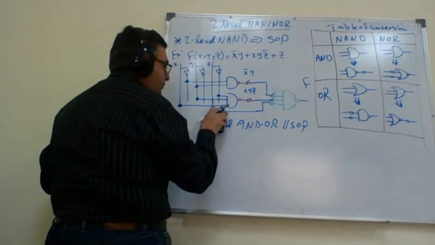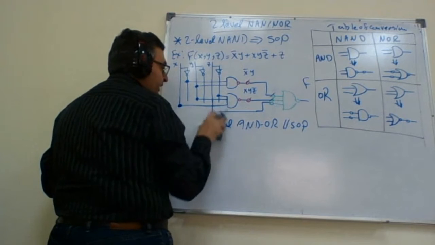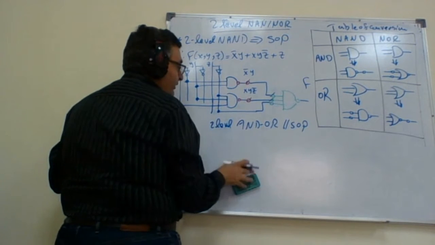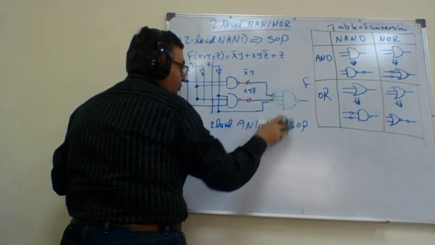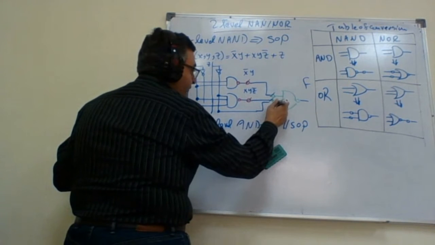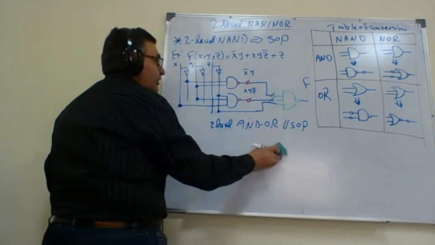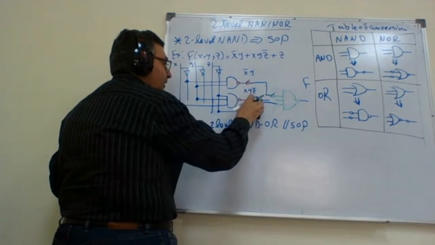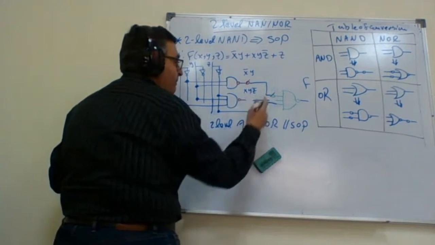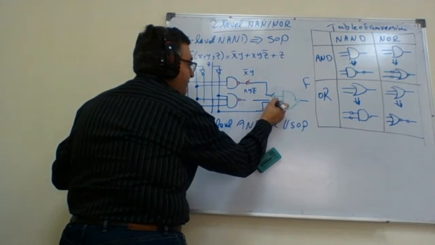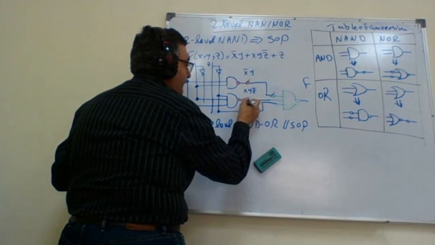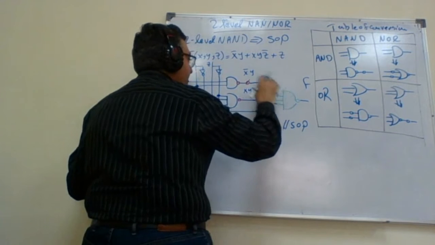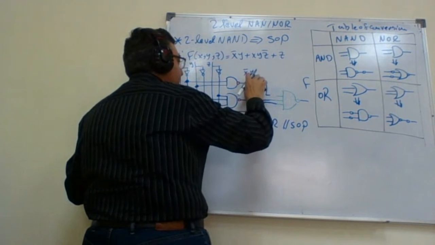So I will remove this connection and replace it with a connection to Z bar. Now I have the freedom to remove this inverter. This inverter has been cancelled by this.